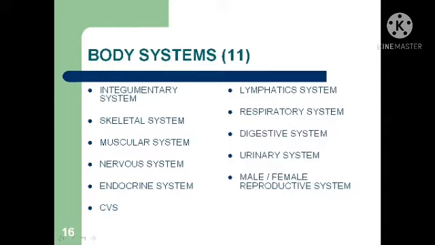The muscular system, the nervous system, the endocrine system, the cardiovascular system, lymphatic system, respiratory system, digestive system, urinary system, the male and female reproductive systems. All these systems we will discuss in due time.